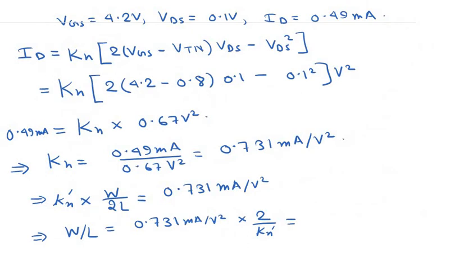So 0.731 milliampere per volt square into 2 divided by 30 microampere per volt square, we would convert it into milliampere per volt square, because the unit here is basically milliampere per volt square. So just to match dimensions, we would convert this 30 microampere per volt square into milliampere per volt square. So 30 microampere per volt square is equal to 0.03 milliampere per volt square. Okay, so this is equal to 48.75.